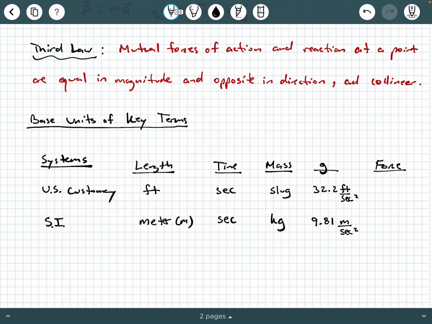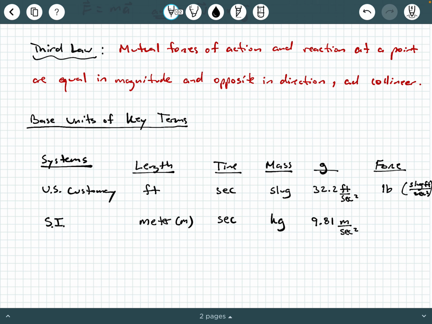Okay, so we deal with forces the majority of the time in statics. Okay, so the U.S. customary unit of force is going to be the pound. All right. Now, what is a pound? Well, you can express that as a slug times feet per second squared, okay?